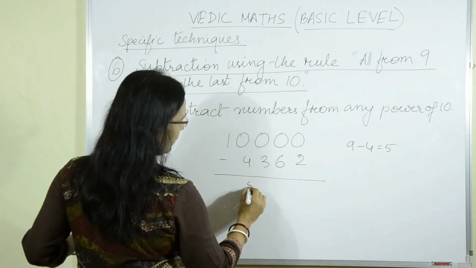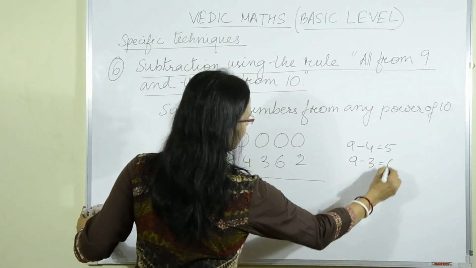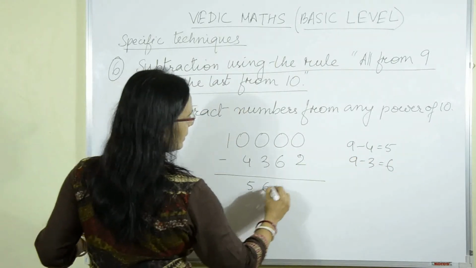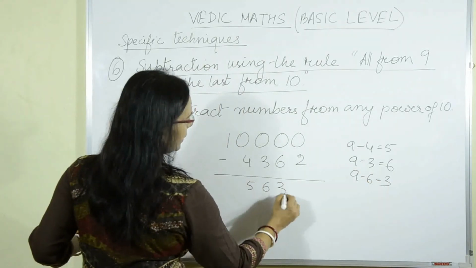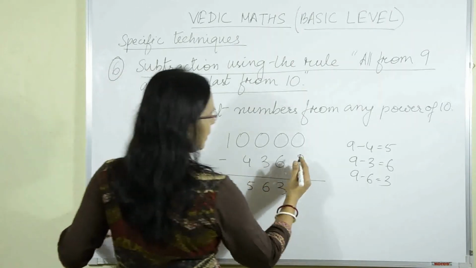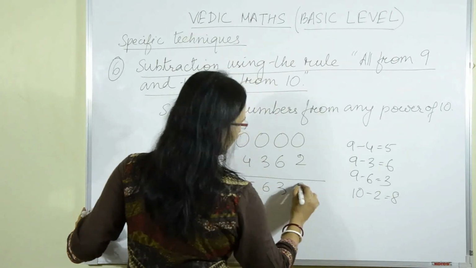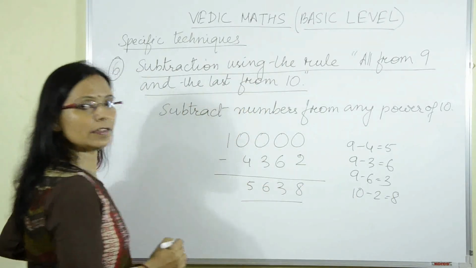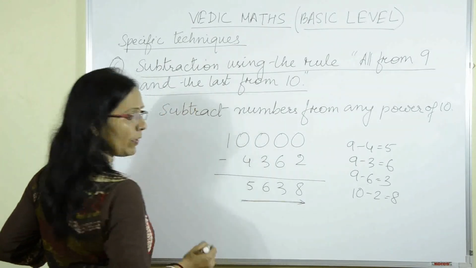I write 5. Next is 9 minus 3, that is 6. I write 6 here. 9 minus 6 is 3. I write 3 here. And the last one is from 10. So this is the last. So here it will be 10 minus 2 is 8. So this is the answer. This is very easy to do, very quick.